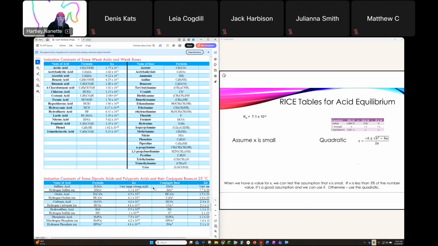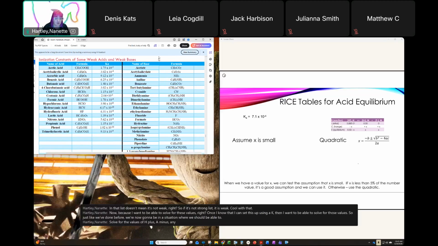Now, because I want to be able to solve for these values, right? Once I know that I can set this up using a K, then I want to be able to solve for those values. So just like we've done before, we should be able to solve for the values of H plus, A minus, and the HA that is left over.